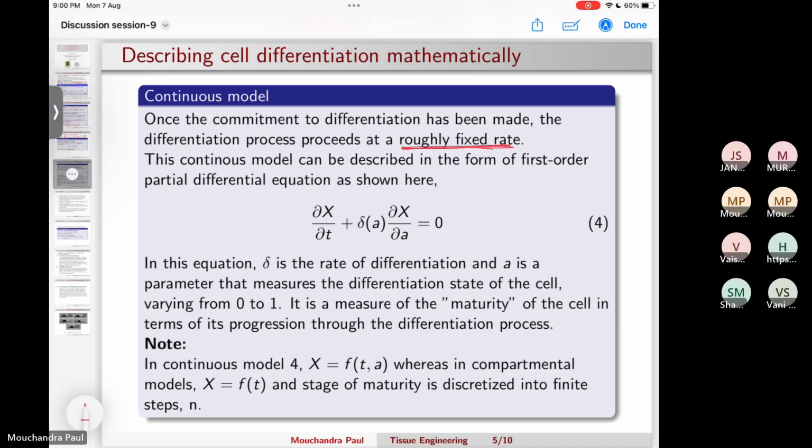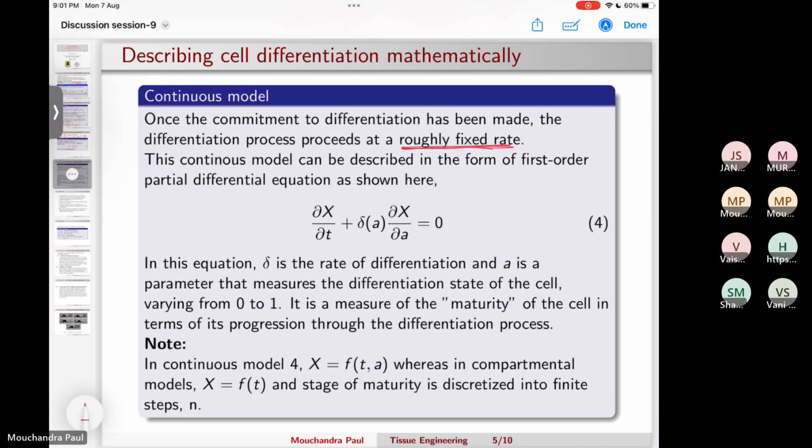So the rate is changing and it is dependent on the cell number and the cytokine concentration. Now this model assumes that once the cells have committed to differentiation, the entire process will move like there are no compartments. It is continuously moving, and that movement of the cell population towards the mature state is happening at a fixed rate.